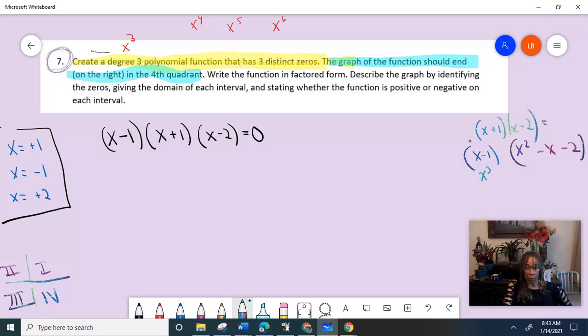I'd have x cubed minus x squared minus 2x, and then the -1 times gives minus x squared plus x plus 2. Combining like terms, I should have, if I didn't make any mistakes, x cubed minus 2x squared minus x plus 2.